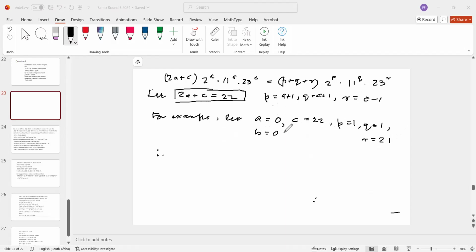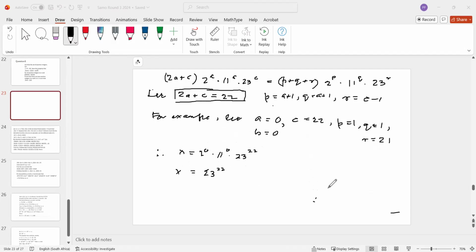So now for these values, let's see whether it works. Now you'll have x is equal to 2 to the power of a, which is 2 to the power of 0, times 11 to the power of b, and 23 to the power of c, which is 22. So x is equal to 23 to the power of 22.